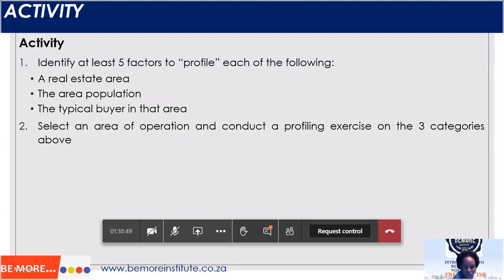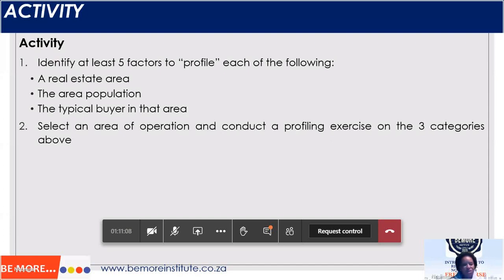You must find 5 factors that you will look at when you're trying to define the real estate area. What is it when you say, this is my real estate, this is the area that I am looking at? Find 5 factors that will help you define that.